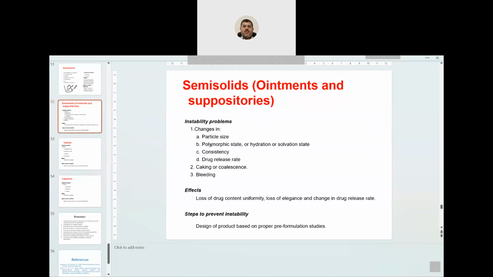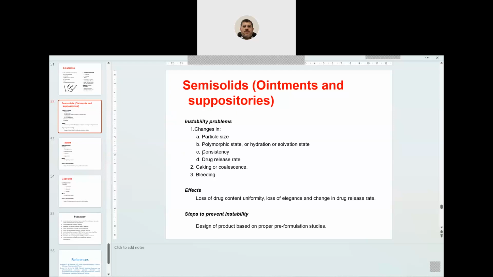Cocoa butter is present in different crystalline forms. They have different physical properties and different melting points. So if you use an inappropriate polymorphic form, or in processing you use high temperature, then you convert it to another form that has a low melting point, so it cannot be stored at room temperature.